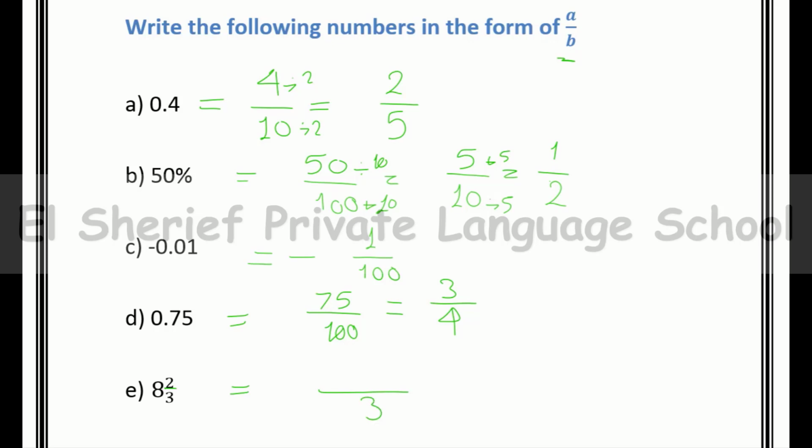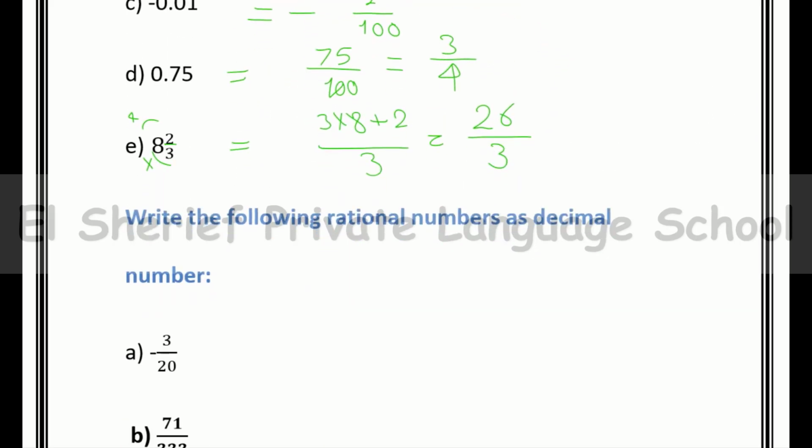To get the numerator, I will multiply 3 times 8 plus 2. Okay, remember the steps of mathematical expressions. Multiplying firstly, 3 times 8 is 24, plus 2 equals 26 over 3 in the form of A over B. We finished this exercise.